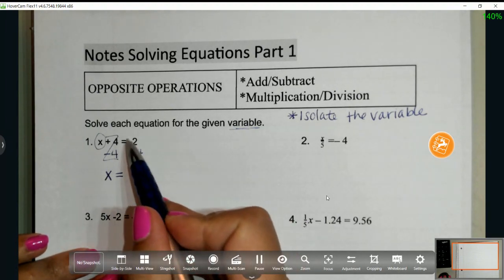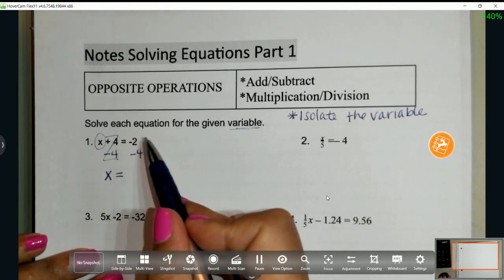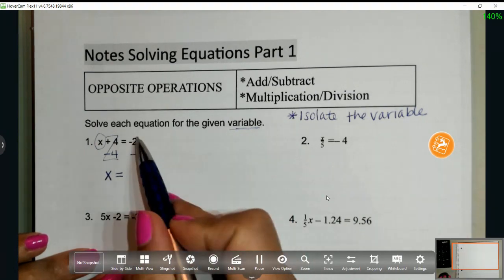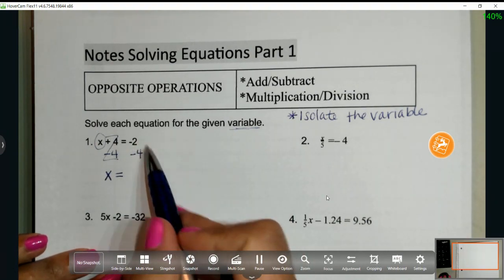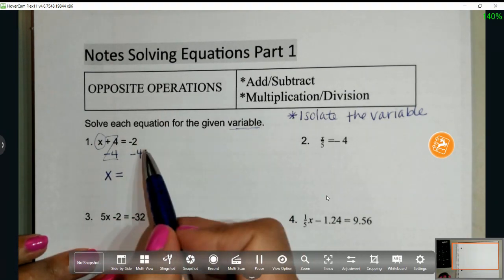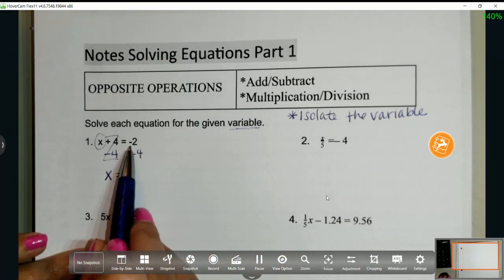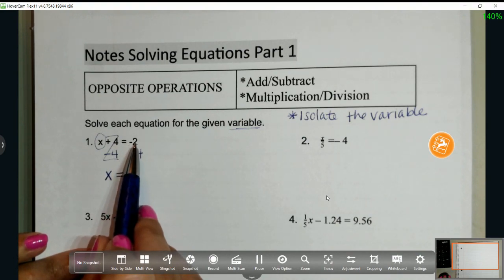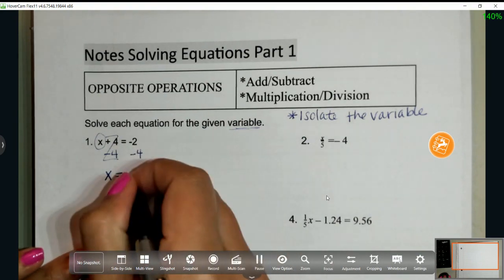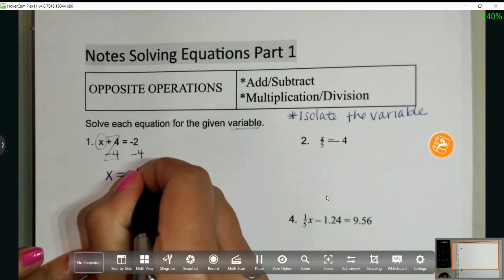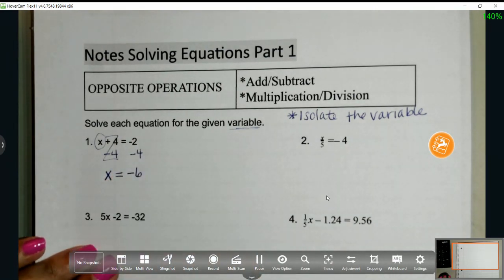And then now I have to simplify this. So this is where you'll go to Desmos or use your phone calculator or whatever calculator, if you have a handheld, whatever you have. And we're going to check so that we don't make any silly mistakes with our signs. We're going to simplify negative 2 minus 4. So negative 2 minus 4 is a negative 6.